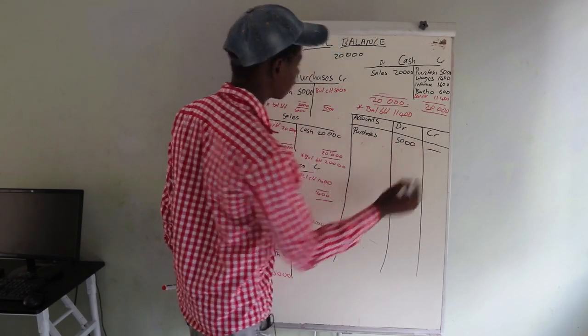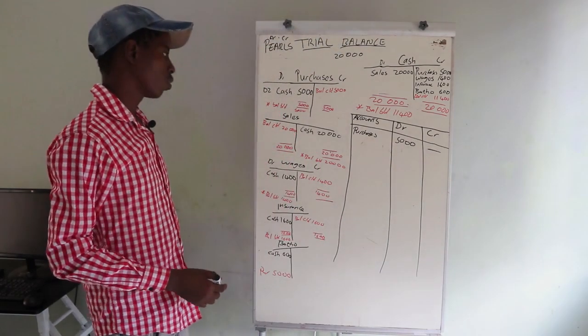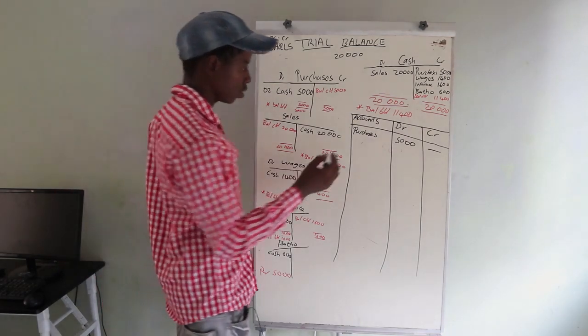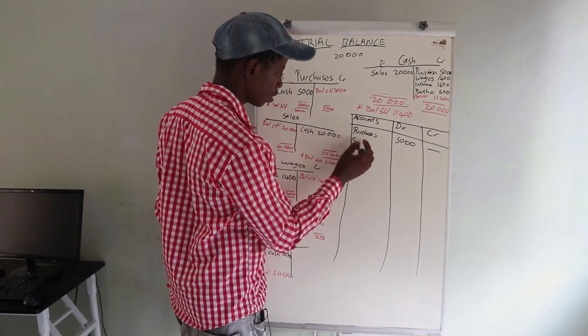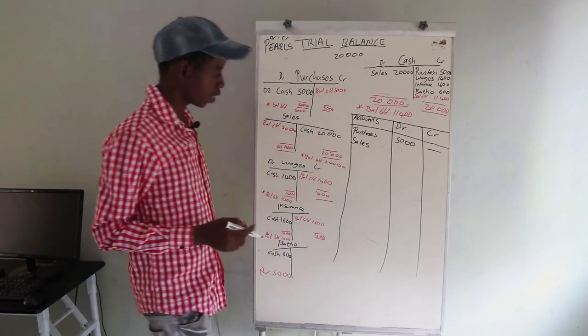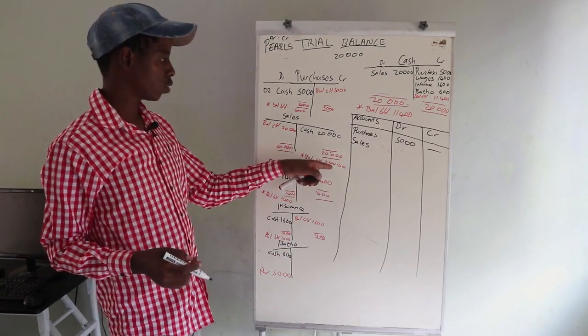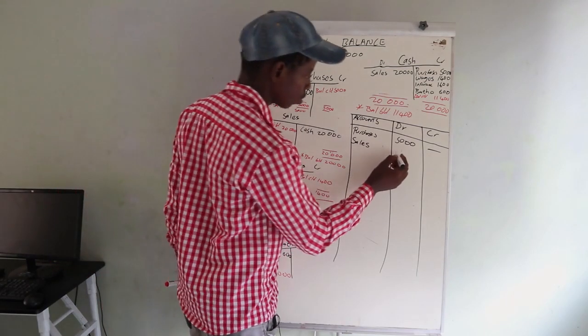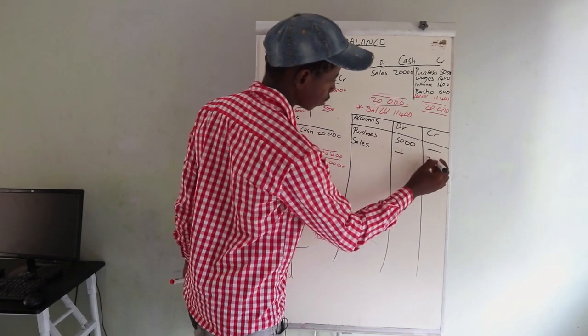Here there's nothing. Then we've got sales, right? So sales, where's our balance brought down? It is on credit, right? That is 20,000. So 20,000.